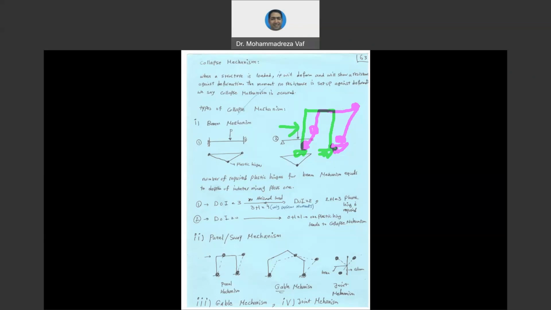And combined mechanism is when you have a point load or uniform load applied to a beam or column, and together you have sway. So it is a combination of beam and sway when we are talking about combined mechanism. So these are the three main collapse mechanisms of structures.